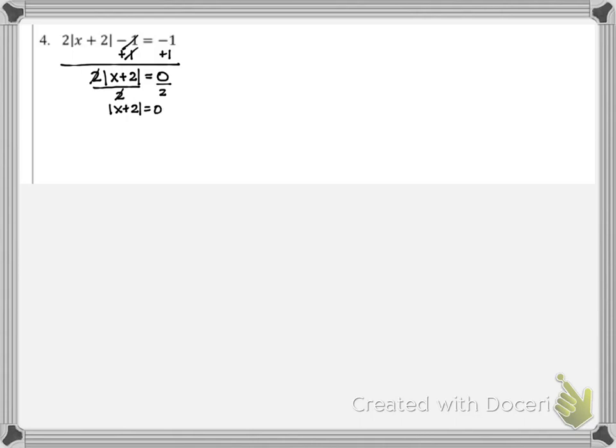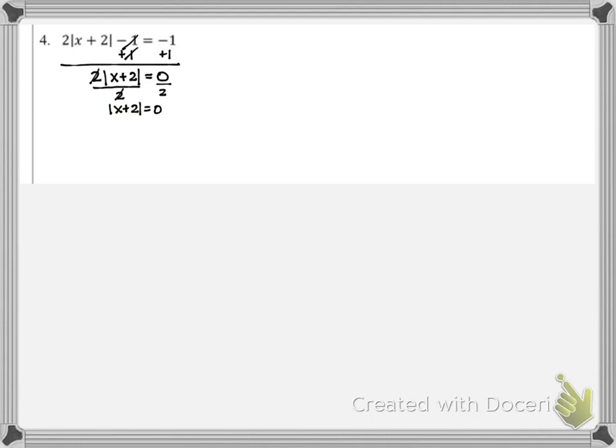Okay, so now I take a look at this and I ask myself, can the distance of a number be 0 units away? Well, sure. If you're no distance away, then you're 0 units away from 0. So this can happen. It's a little strange, but it can happen.